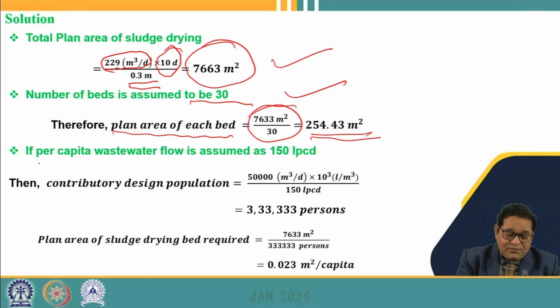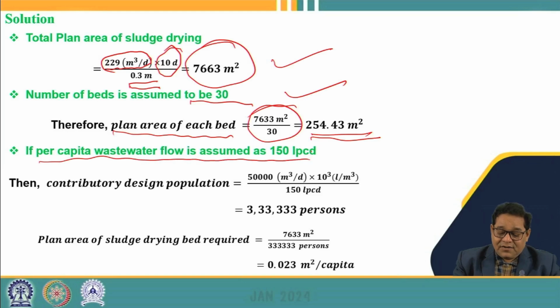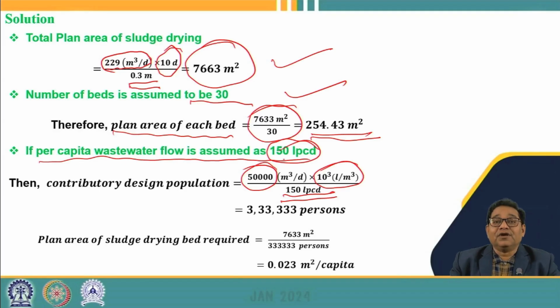So here if we assume per capita wastewater flow to be 150 liter per capita per day, for the given wastewater flow of around 50,000 meter cube per day, we can convert this into liter per day. So this is multiplied by 10 raised to the power 3.